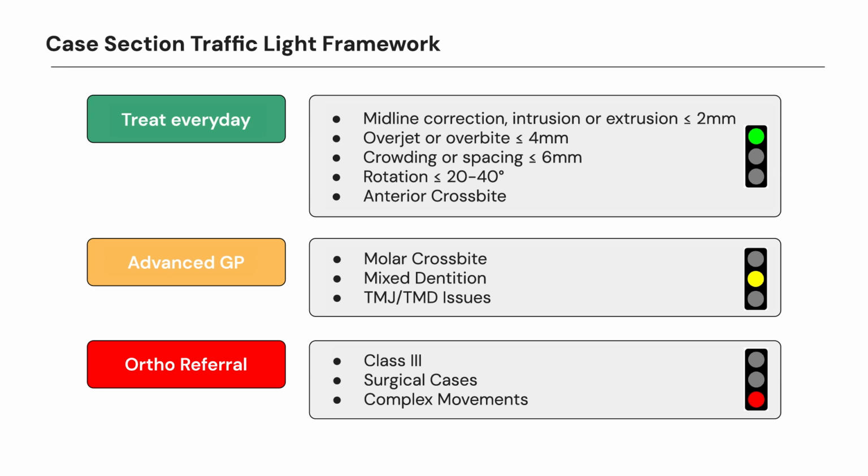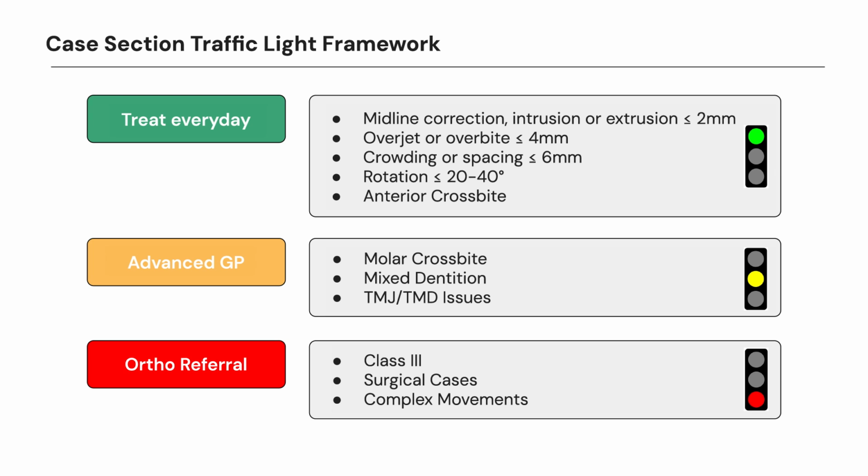You just want to make sure you pick the right cases. Speaking of, that would mean mixed dentition as well, or patients with TMD or TMJ issues. If you understand and treat TMJ on a regular basis, you can definitely do it with clear aligners. It's a great way to do it, but it gets more challenging as the case gets more complex. So keep those things in mind.